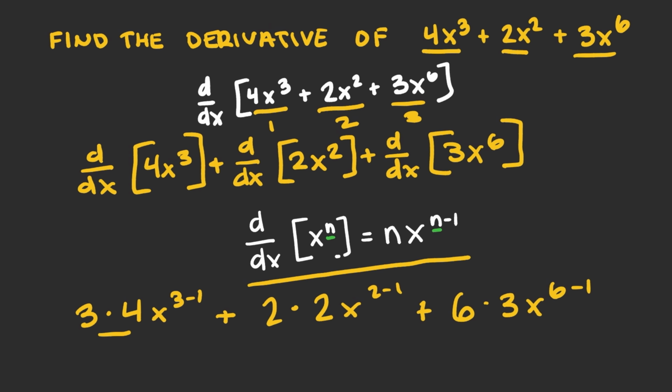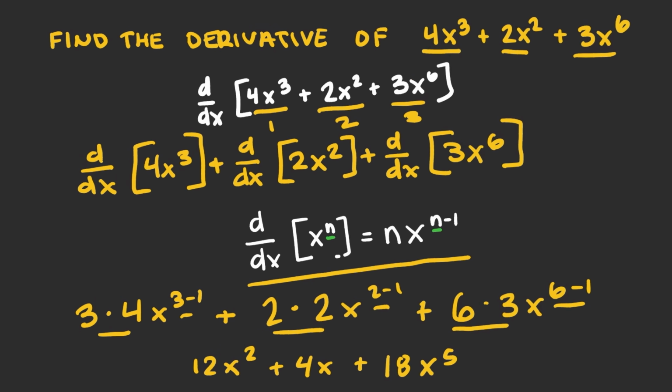If you times these two together and subtract that, it would be 12x squared. Do the same with this term, times 2 by 2, subtract 1, would just give us 4x, plus times 6 by 3, 6 minus 1, it would give us 18x to the 5th power.